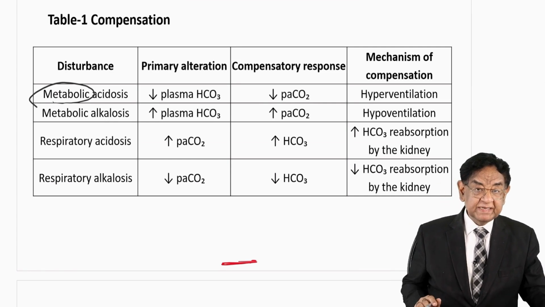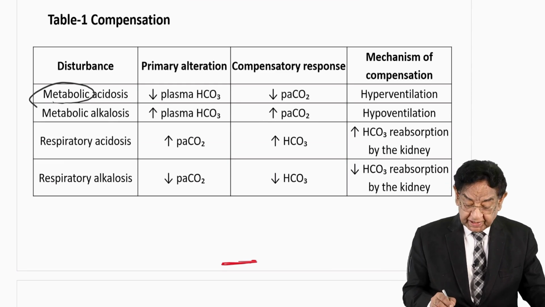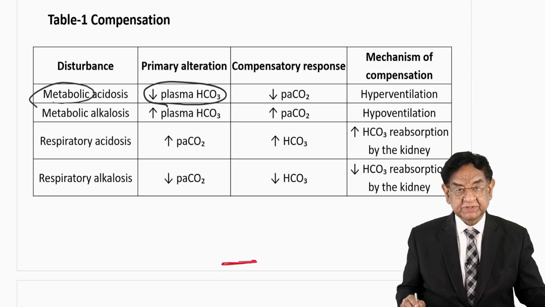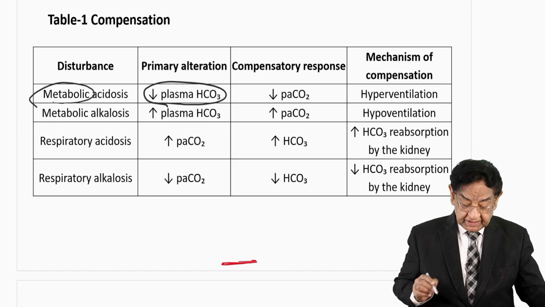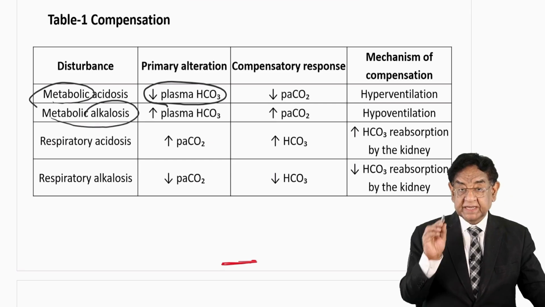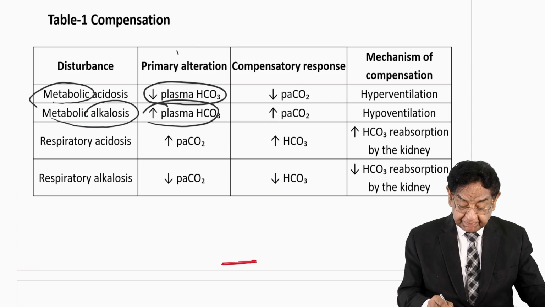Bicarb is alkali, yes. So in metabolic acidosis, bicarb will be reduced. Loss of alkali is acidosis. Now, in metabolic alkalosis, gain of alkali, bicarb is increased. So this is a primary alteration.